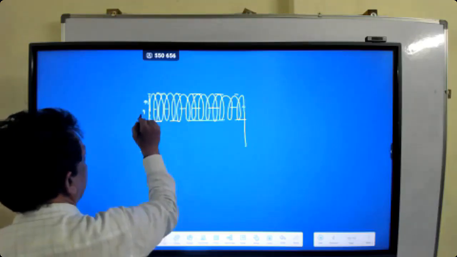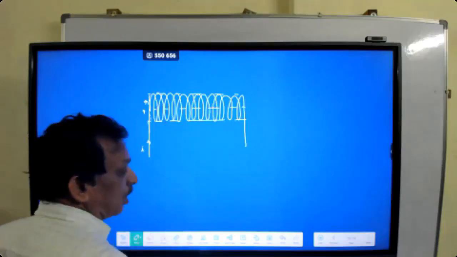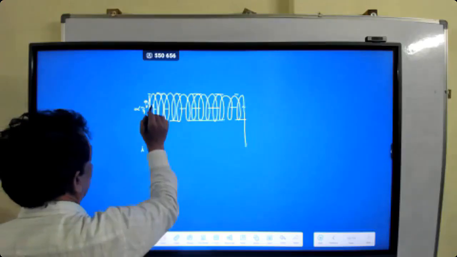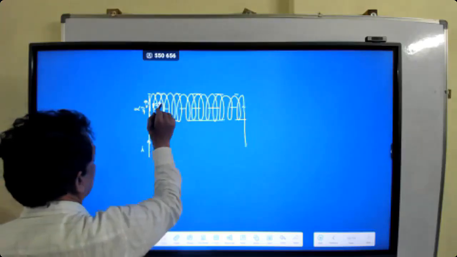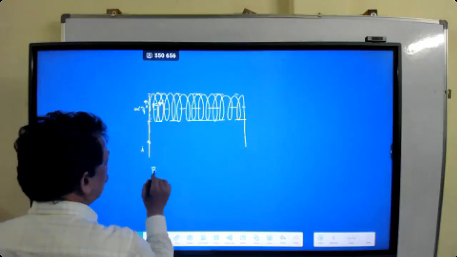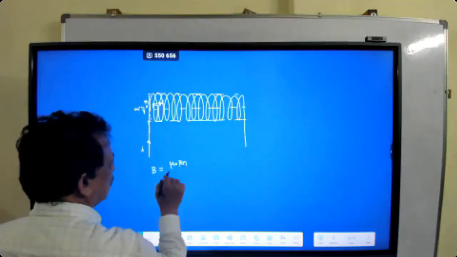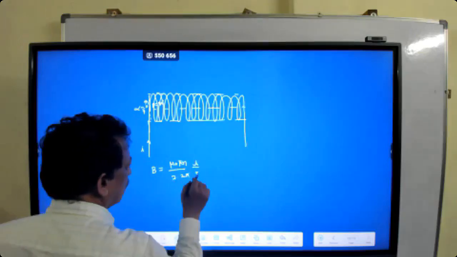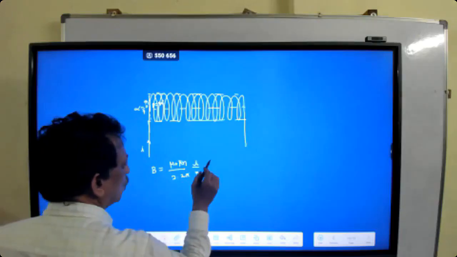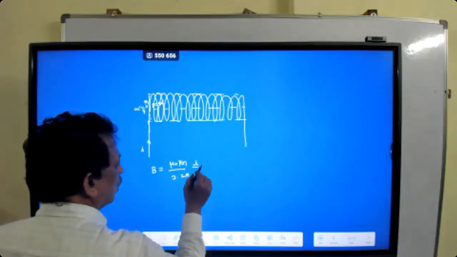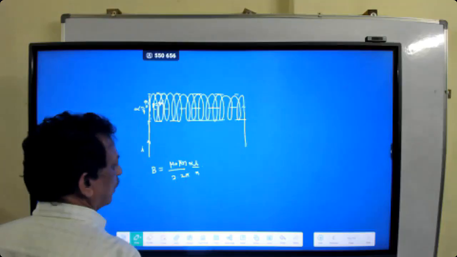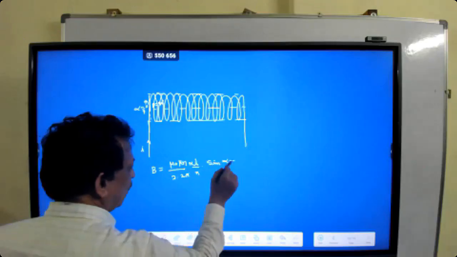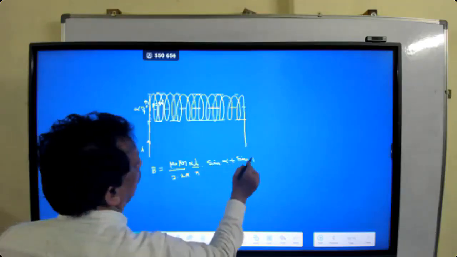This is the radius r at point P. So alpha is 0, beta is equal to 90 degrees. So B is equal to mu naught mu r, where mu r is 1, into n I by 2 r into sin alpha plus sin beta.